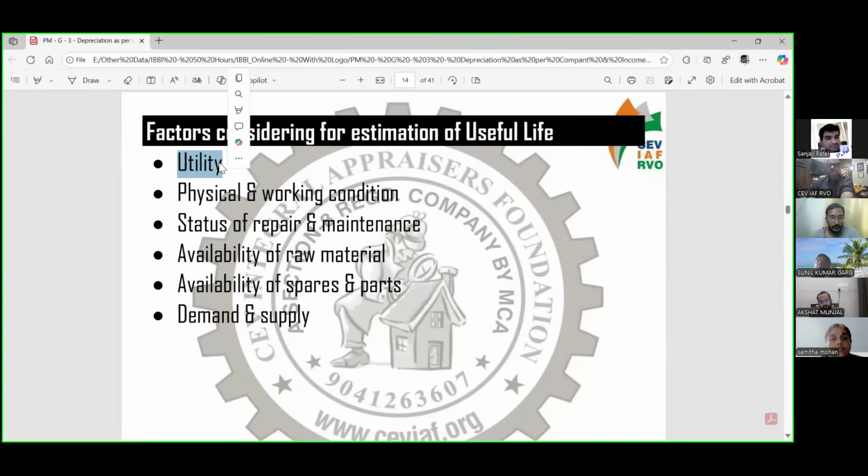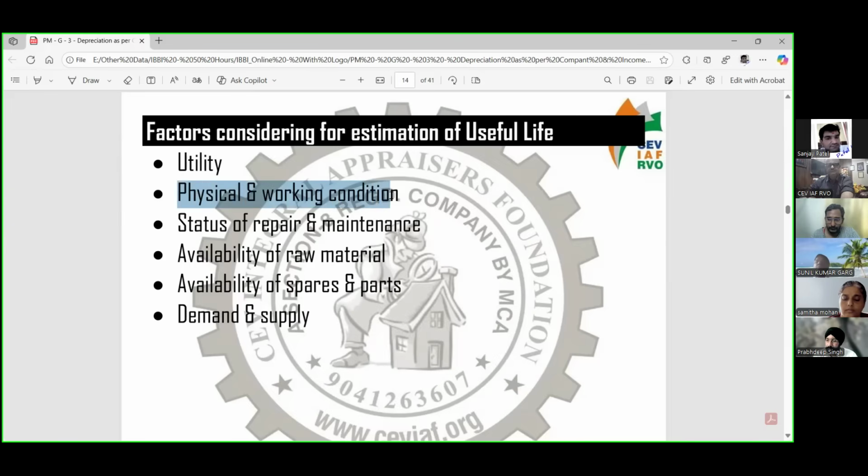What do you mean by utility? Utility means degree of usage. It is not just a classification of machinery like process, core machinery, utility machinery, electrical installation. Utility मतलब degree of usage, कितने shift में use होती है. It may impact the useful life.